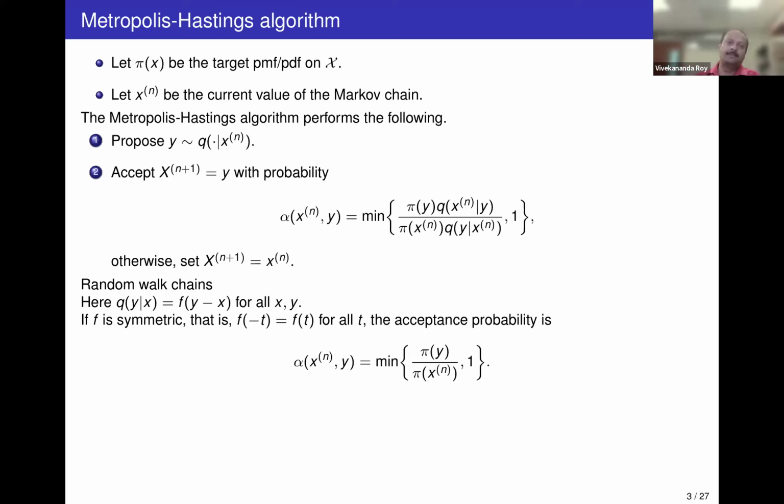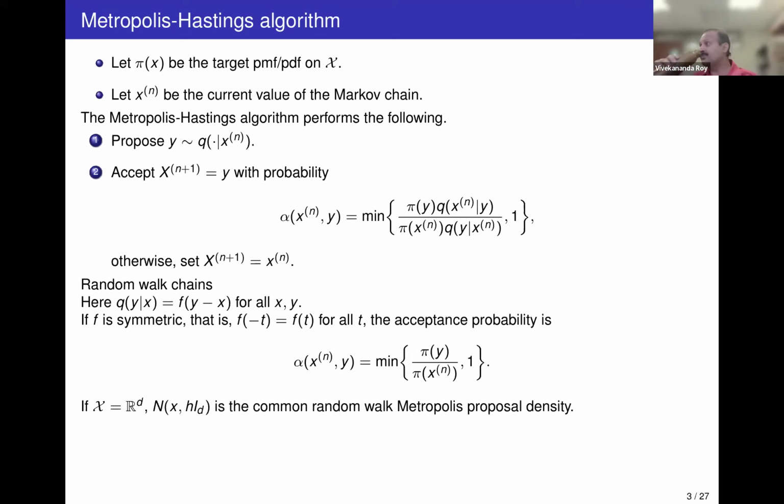So it simplifies. And a particular choice of f is a normal density, which is centered at my current value x.